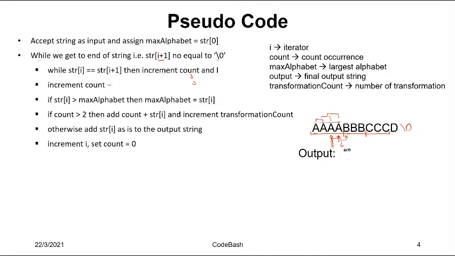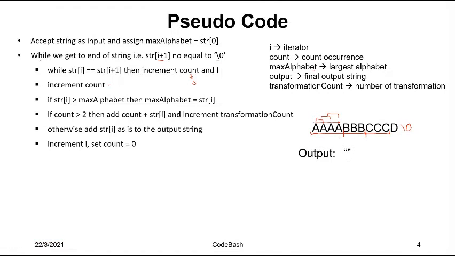So after that, remember how we had to check the maximum alphabet also. So basically, you can do this afterwards also, or you can just do it inside the while loop also. So we check if the string that we have at ith position. So right now our I is over here. So I'll just erase this and make it a bit clear for you all.